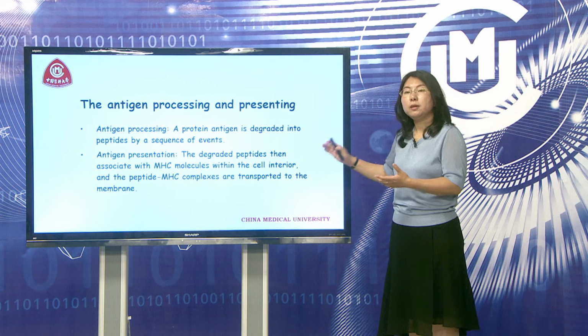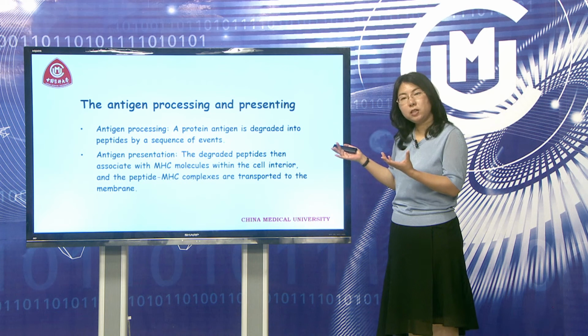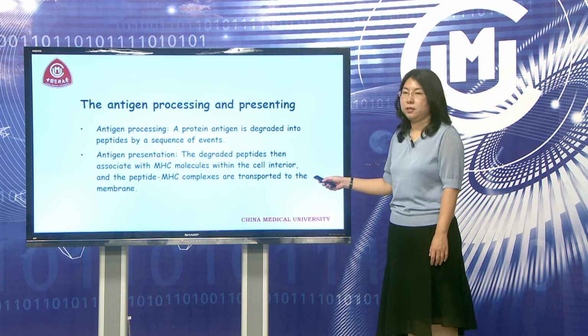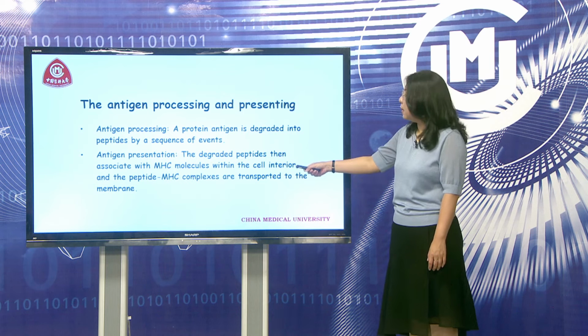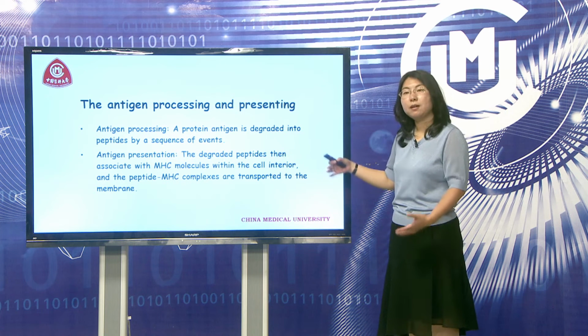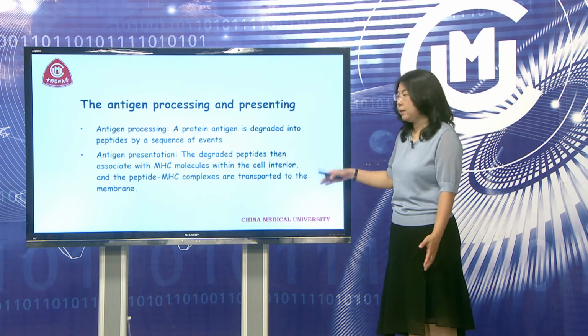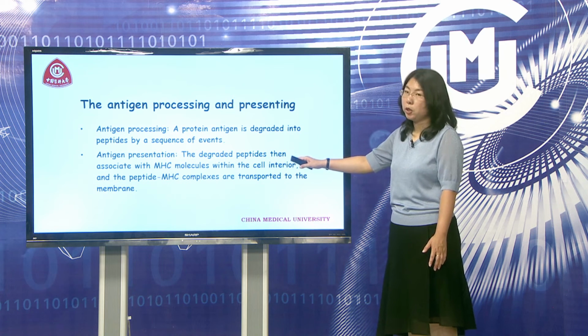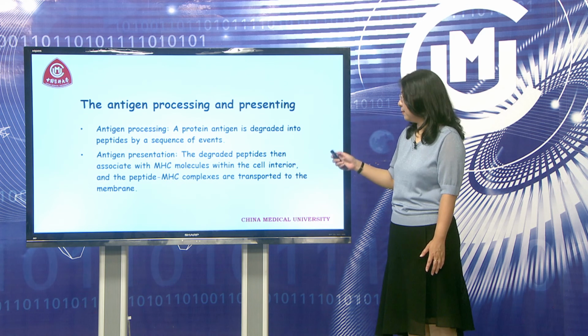We know the T cell only recognizes antigen presented by MHC molecules, so the T cell cannot recognize free antigen. This peptide binds with the MHC molecule and is presented on the cell surface, and after that, the T cell can recognize this MHC-presented antigen.